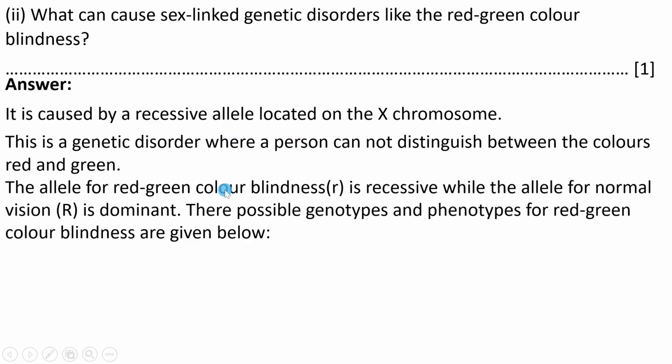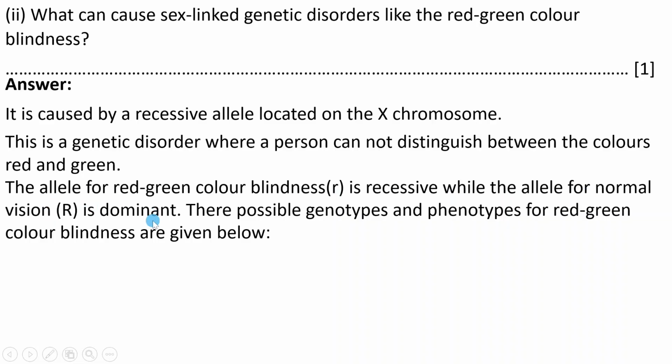Now, what does that mean? This is a genetic disorder where a person cannot distinguish between the colors red and green. The allele for red-green color blindness is recessive, while the allele for the normal version is dominant.